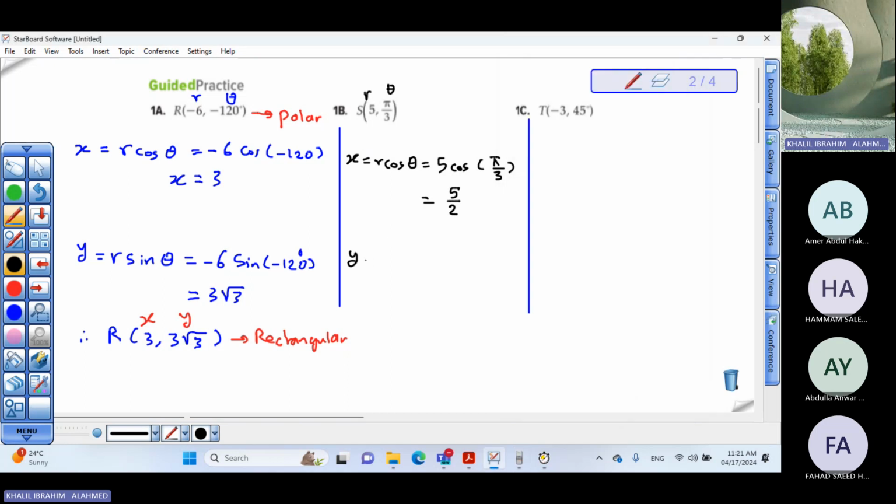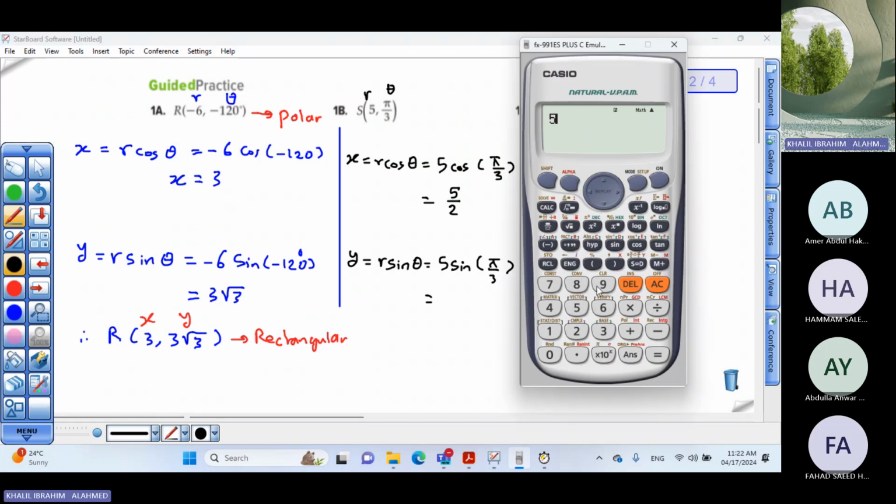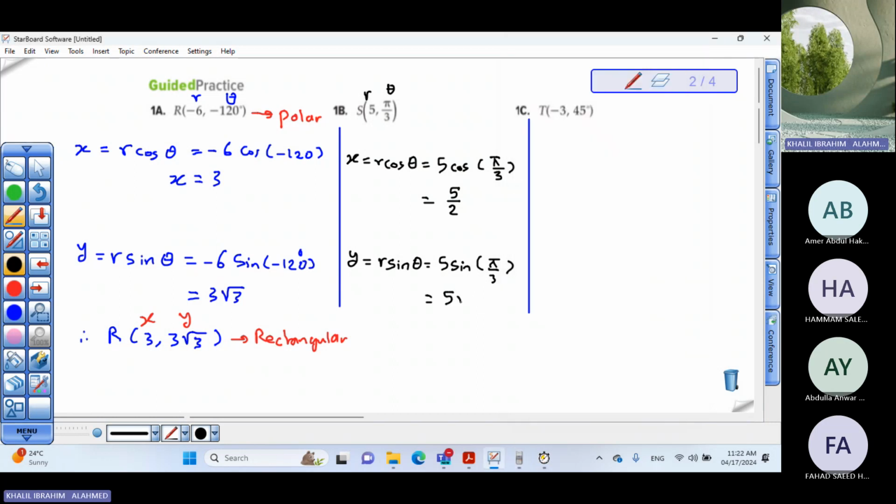In the same way, y equals r sine theta. Just substitute here: 5 sine pi over 3. The answer is 5 radical 3 over 2.